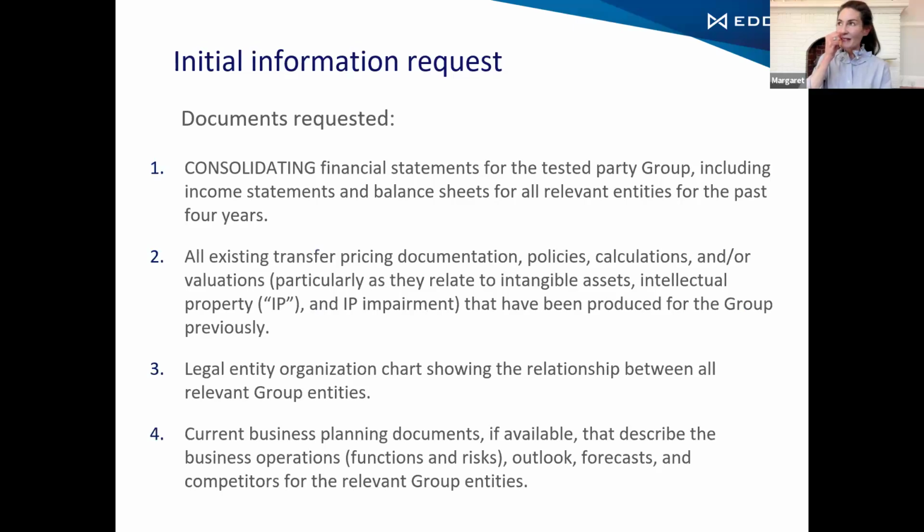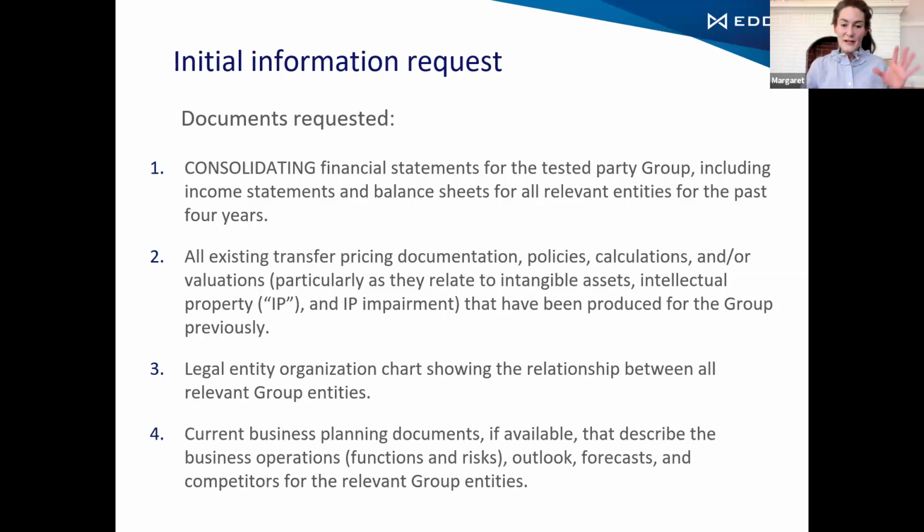Okay, so as I was thinking about comparability, the first part of determining comparability is your discussions with the client and your information gathering. So I pulled some information requests that I had actually used with my clients, and also some information requests that I had gotten from a couple of different tax authorities. One was from the IRS, one was from the German tax authority, and one was from the Italian tax authority when I had clients that were under audit.